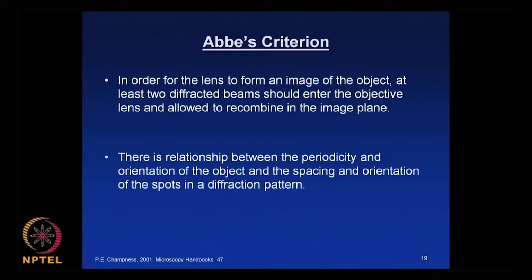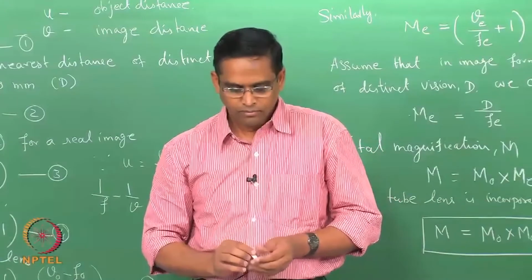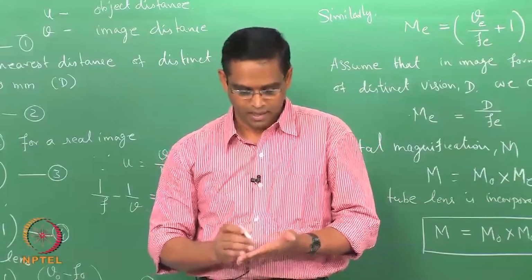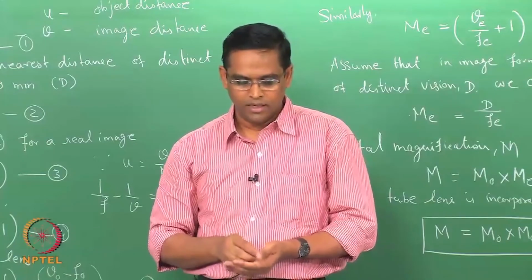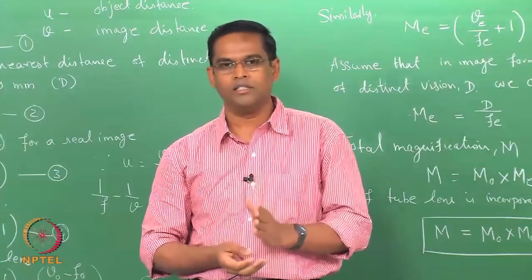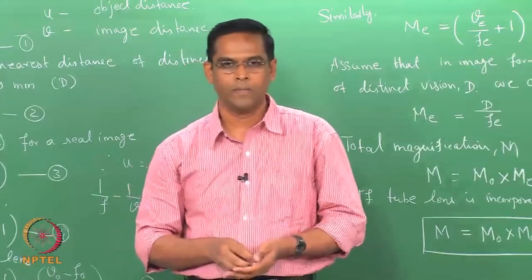So, the combination of two diffracted beams in an imaging plane is a criterion defined by Abbe, and how this diffraction pattern is going to be useful, that is what we are going to see next.